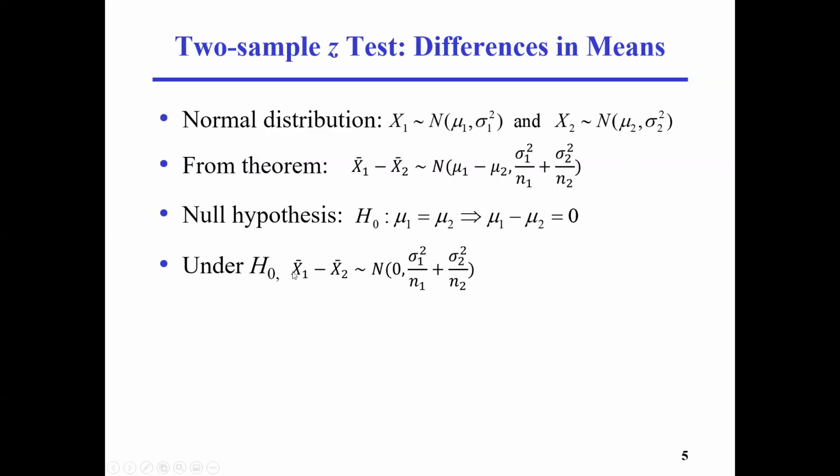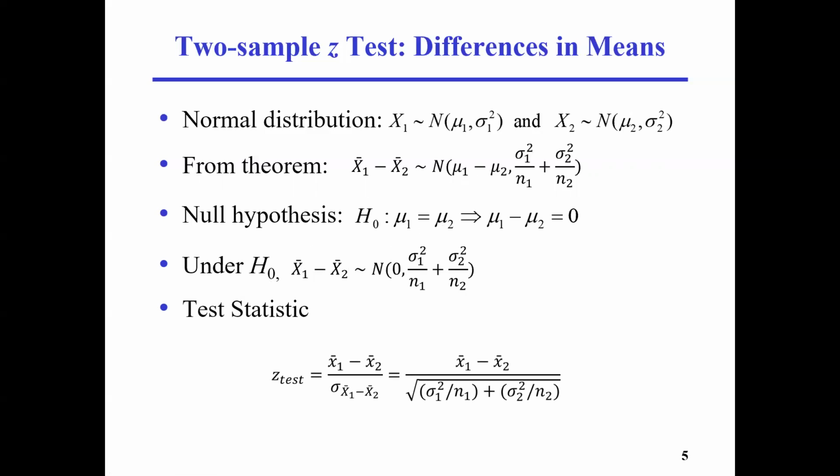If H0 is true, then this pooled distribution has a mean value of 0, and the variance stays the same. Why is it 0? Because it should be the difference between mu1 and mu2, and if mu1 equals mu2, then it must be 0, because we assume that H0 is true.